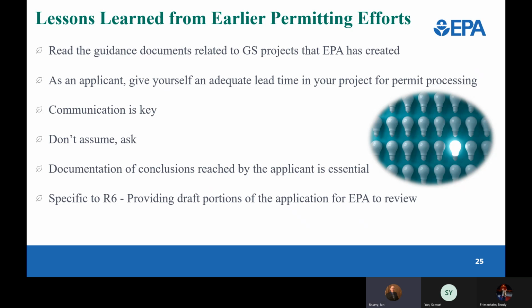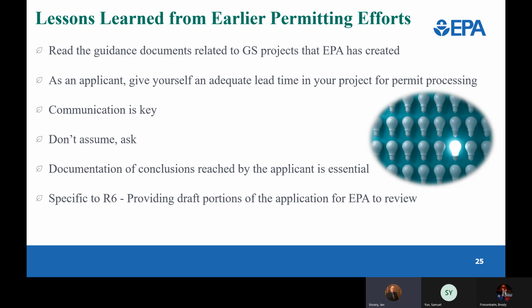Also, communication is key. As an applicant, talk with EPA prior to working on the permit submission or drilling a well, and EPA should be talking with the applicant both prior to and during the course of the permitting process. So please notify and get in touch with your region's UIC program as soon as you are about to pursue a Class 6 project.